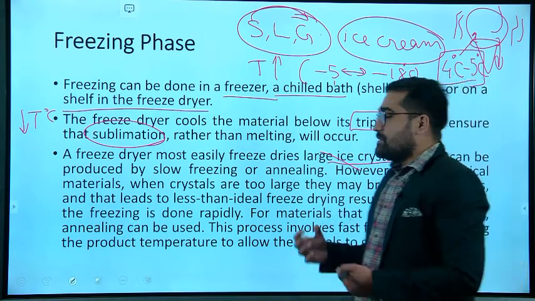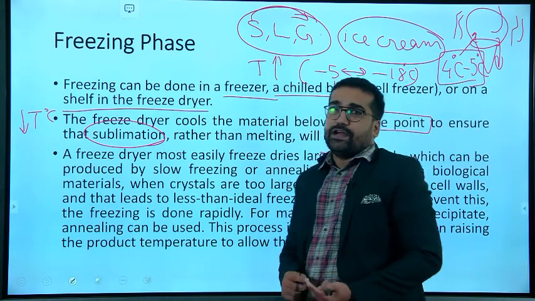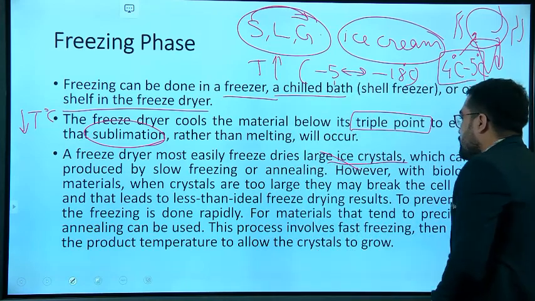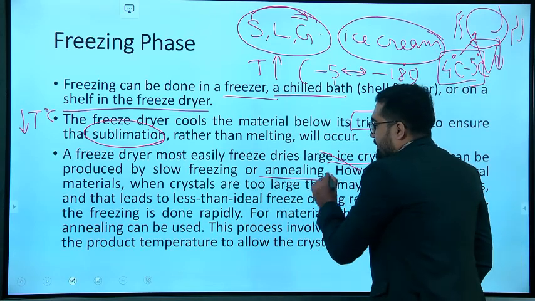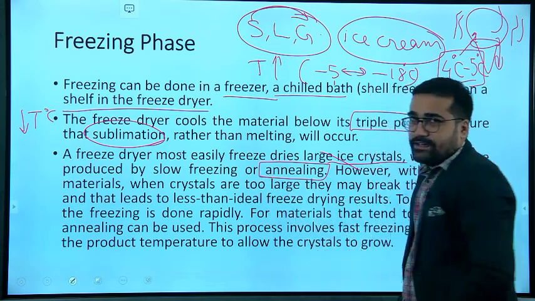At that time, the problem occurs: we can't achieve the quality of the product. To overcome that, we perform a certain operation known as annealing, which we will see later.